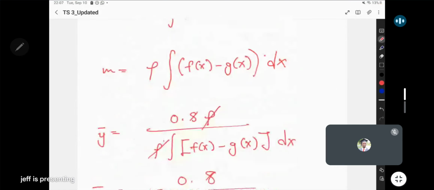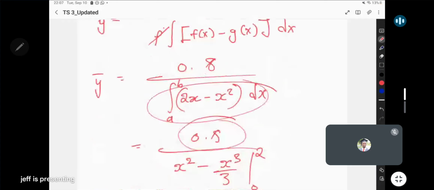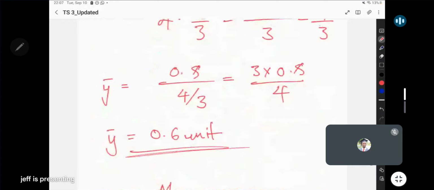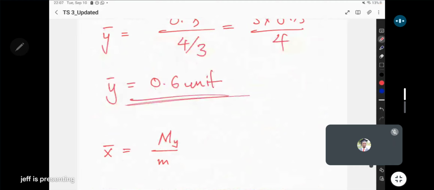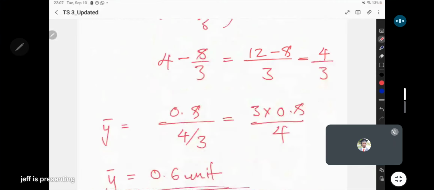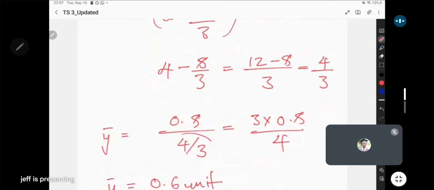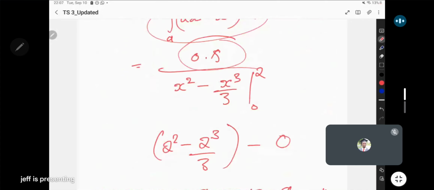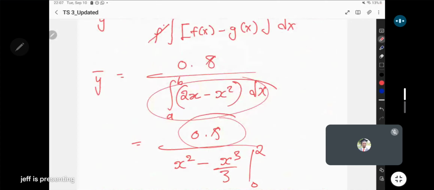You can still bring it with the density, since m will come with density. But you have to know that density will come and cancel. The m will remain as the same integral we obtained in the previous case. And that integral reduced to just 4 over 3. So that will still be the same, since it's the same shape. Its overall mass is expected to be the same here.